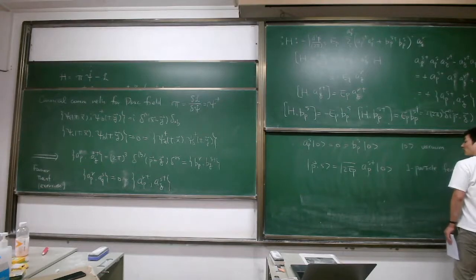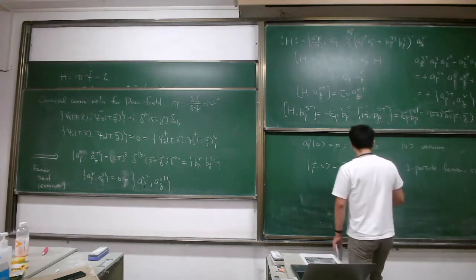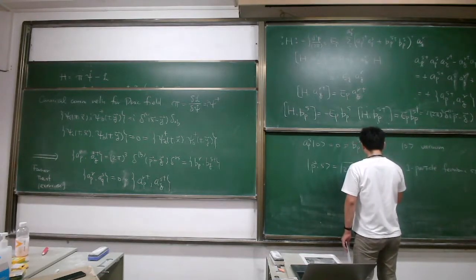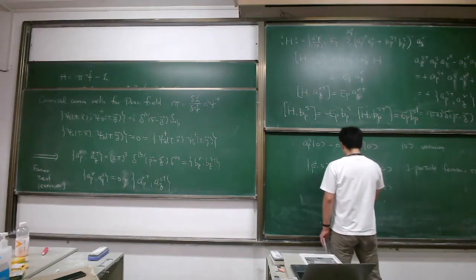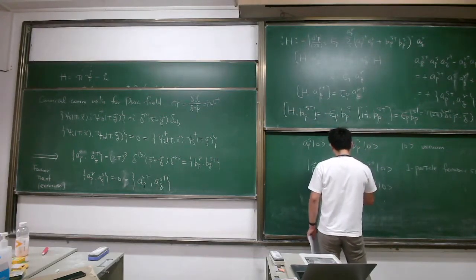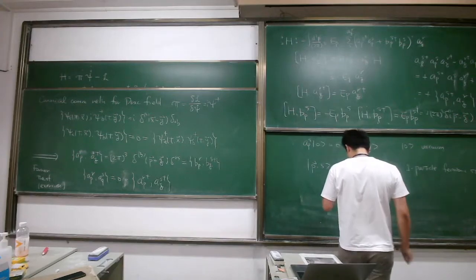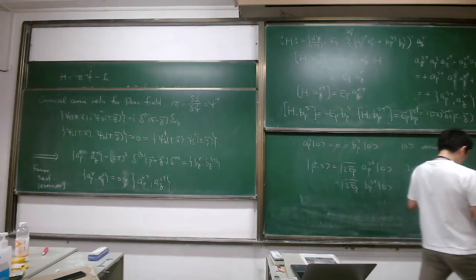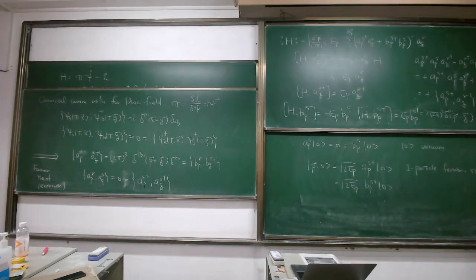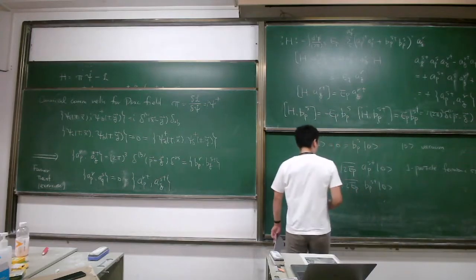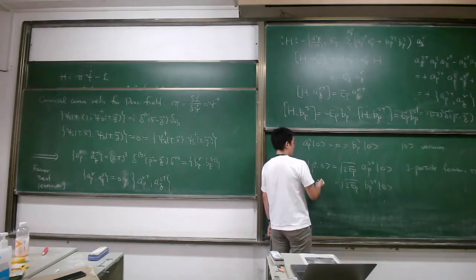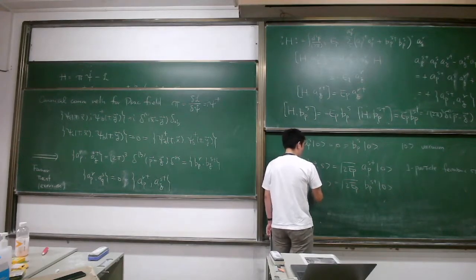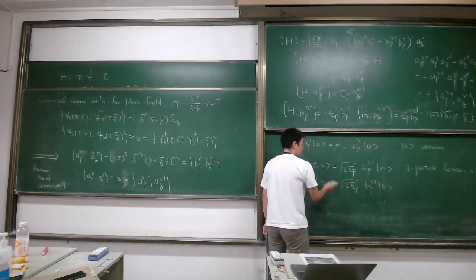And the question is, what if you act with B_P? So how should we call it? Here we have one particle states, and how do you distinguish N and S?